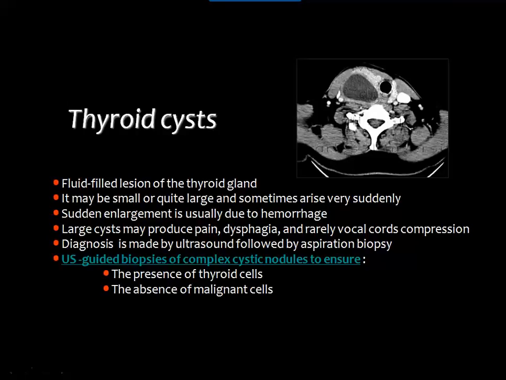Then you get a hemorrhage inside the cyst with increased density of the cyst contents. And in every case, you should aspirate this cyst under ultrasound guidance to ensure that the cyst contains thyroid cells, meaning that it is of thyroid origin, and to exclude the presence of malignant cells.